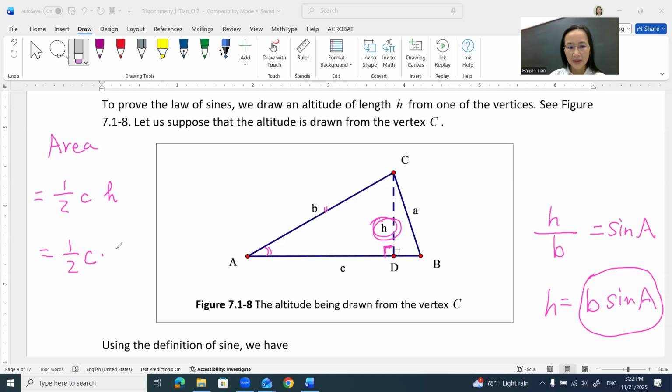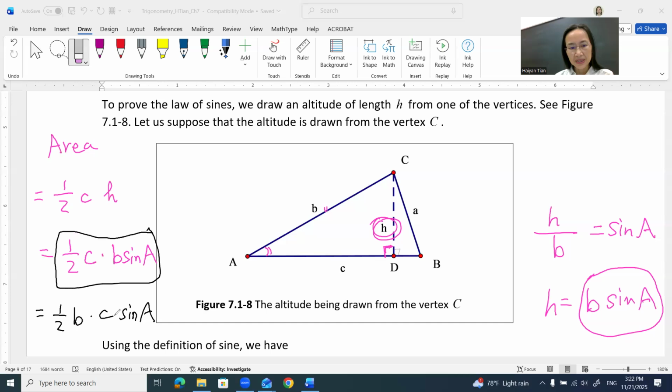Height now is found to be b sine A. So this is an area formula. You see this area formula is simply half the product of b and c, times the sine of the angle formed by b and c.